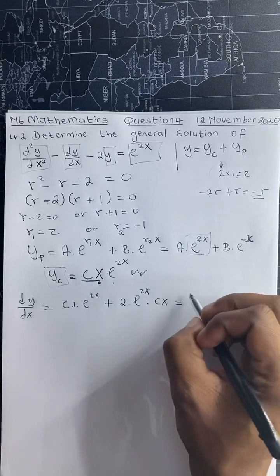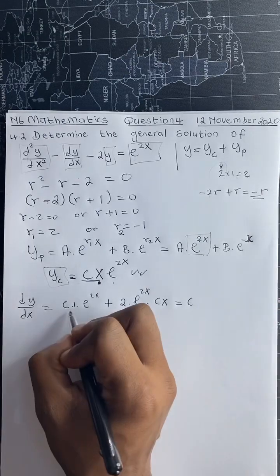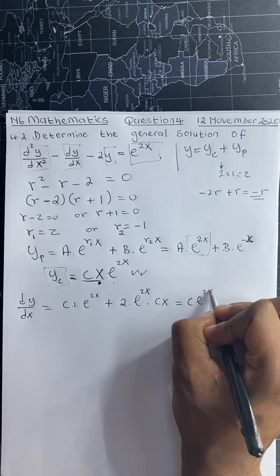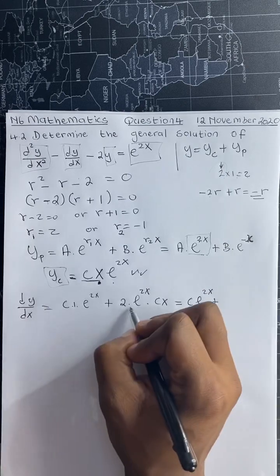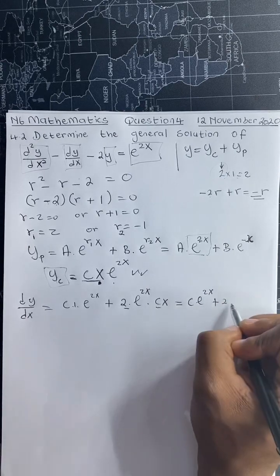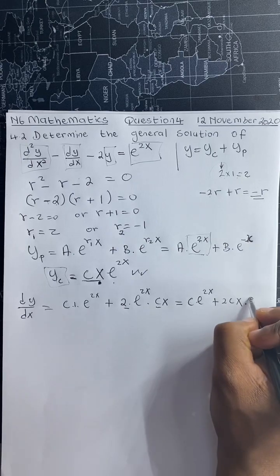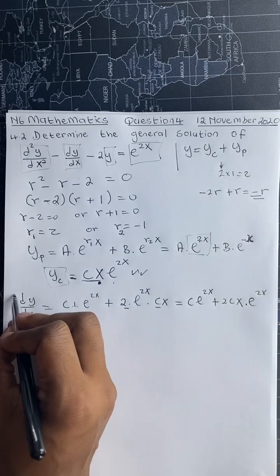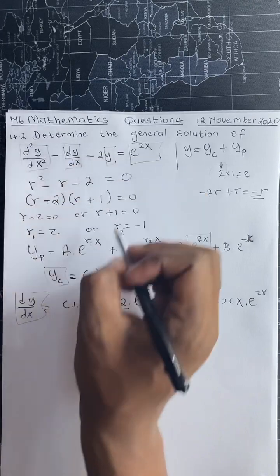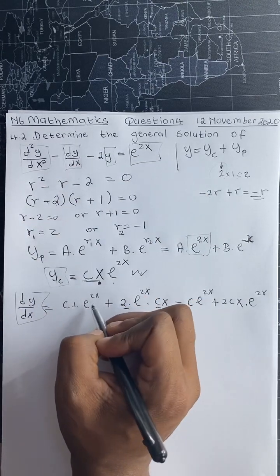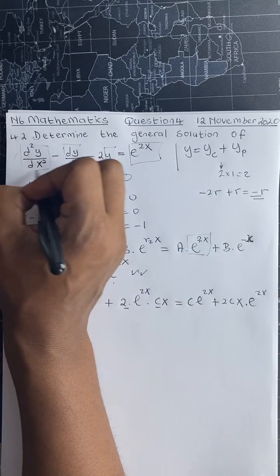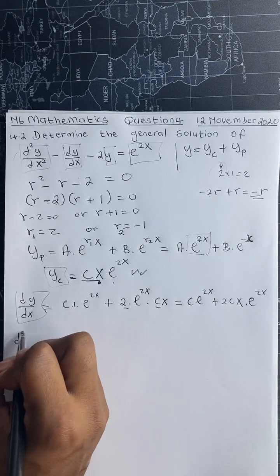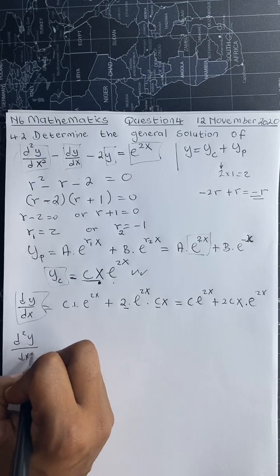So this rearranged will be c e to the power 2x plus 2c x multiplied by e to the power 2x. We'll take this and substitute it there. Then we have to find the second derivative so that we can also substitute it there. So d squared y over dx squared.